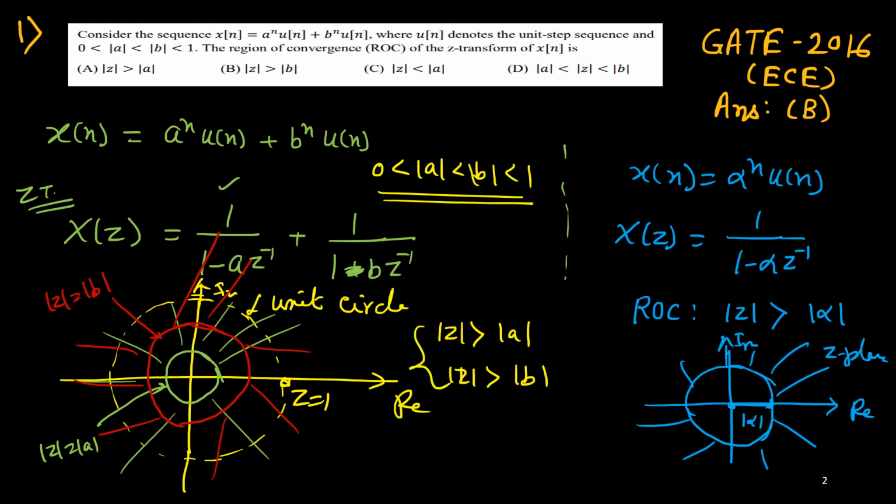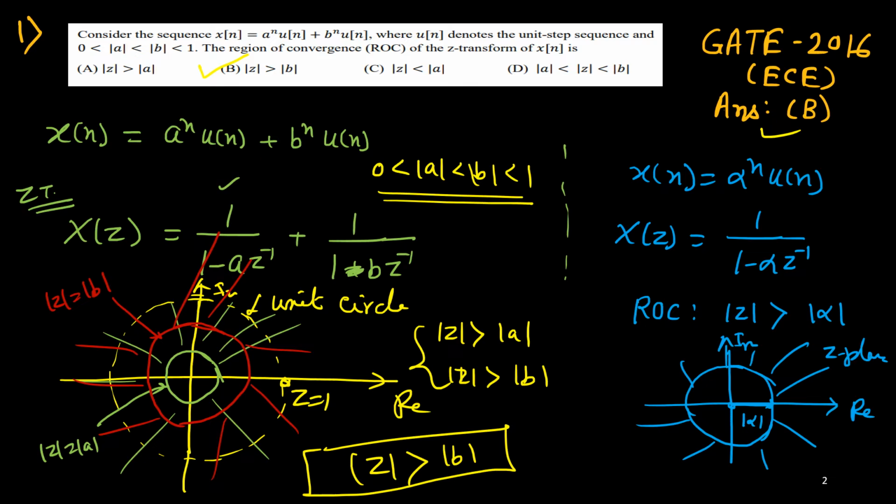So if I combine these two, we have to consider mod z more than mod b only. Then only both will converge. So our correct answer is B. Correct? So this is our answer.